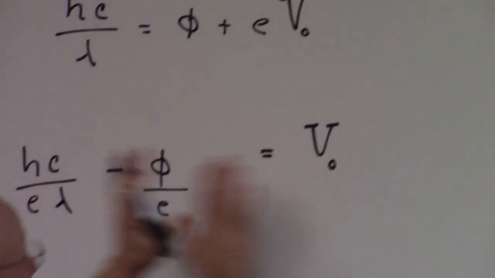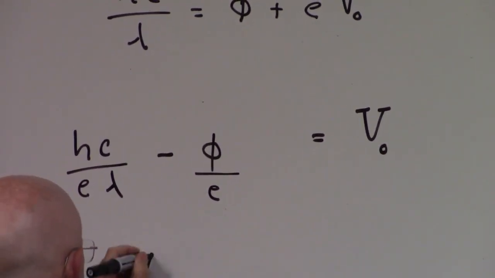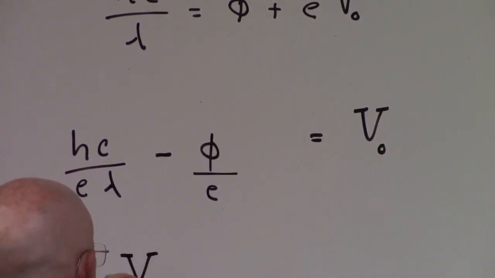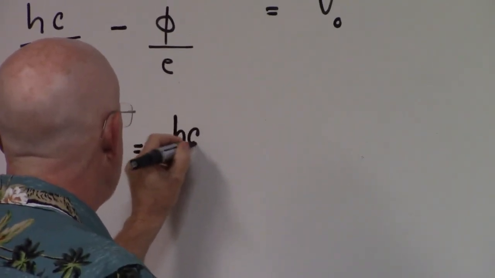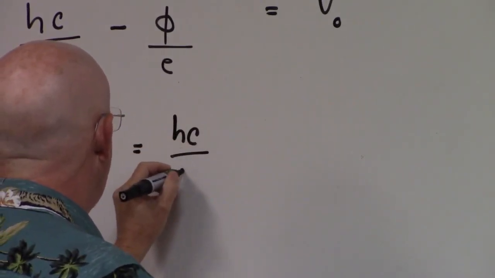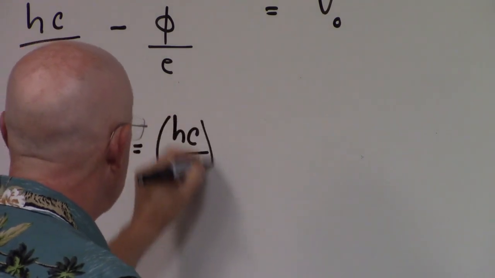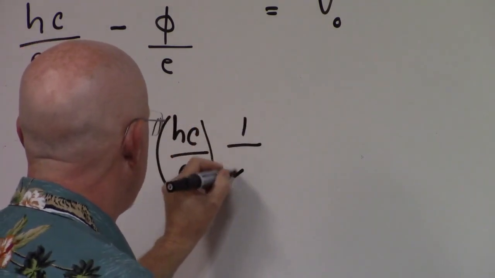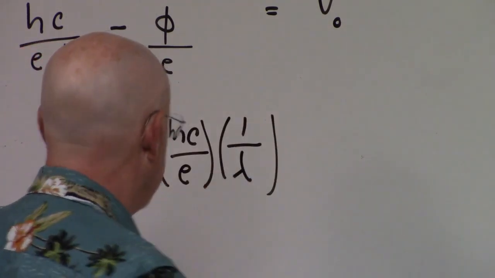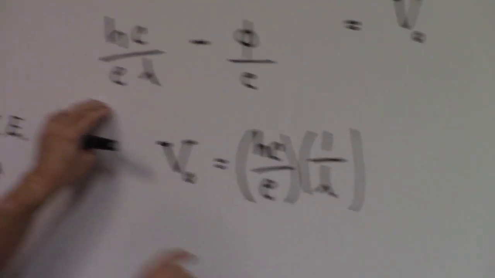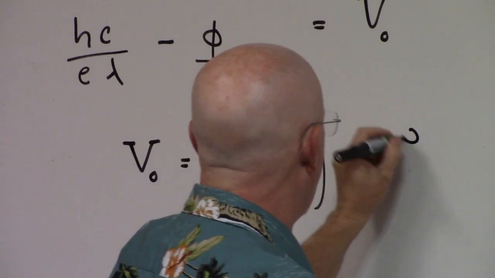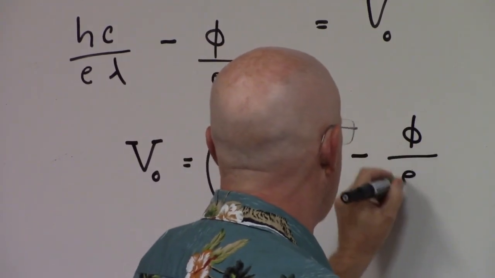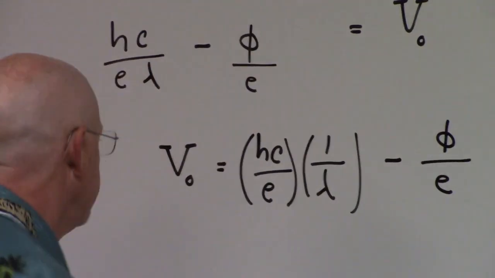In fact, I'll just switch the order so it looks a little nicer. So here is the stopping voltage. Here is hc over e times 1 over lambda. So that's this term, and I'll explain this one in just a second. And then minus the work function over the charge of the electron.